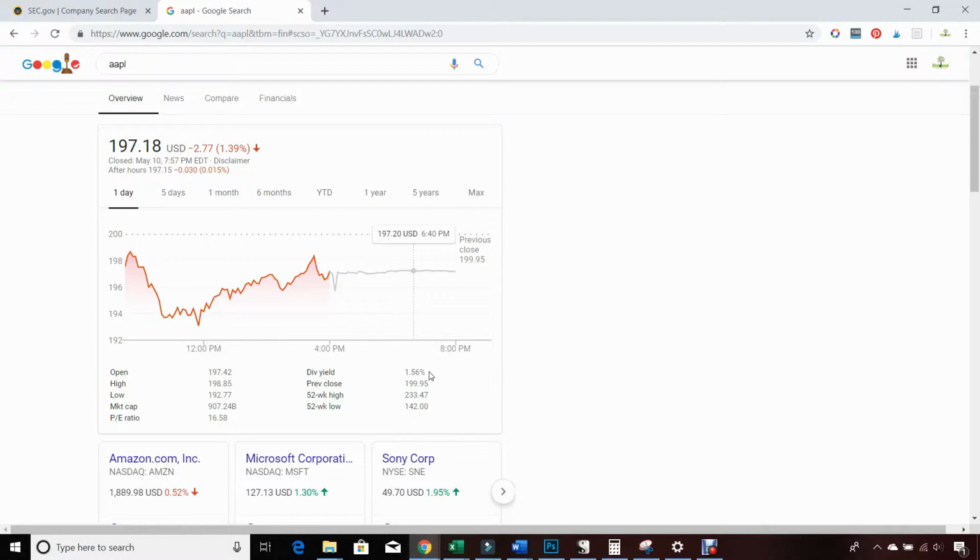So one of the ways that we can evaluate dividend safety is through what's called the dividend payout ratio. You're basically comparing the annual dividend to the amount of net income the company generated. Pretty simple, right? Obviously, the higher the payout is, the less sustainable it is.